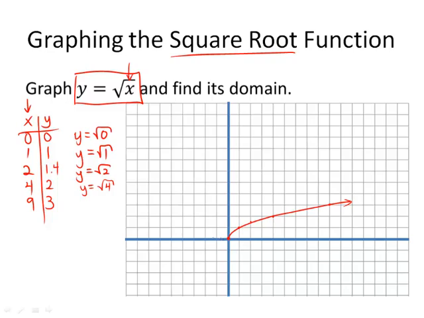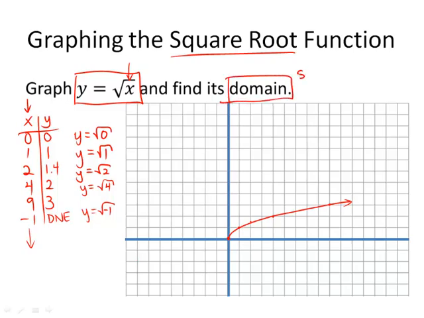Now, what happens at these points? Why have we not plotted anything here? Let's try some of those. -1 would mean we'd have to take the root of -1. Is that possible? We discussed that it's not. And neither will any of the other negatives be possible. So what is the domain?